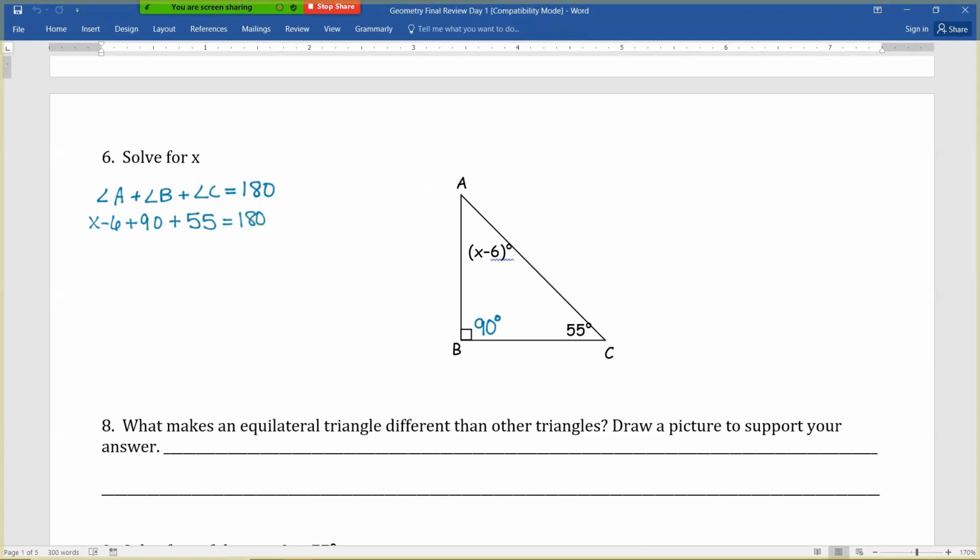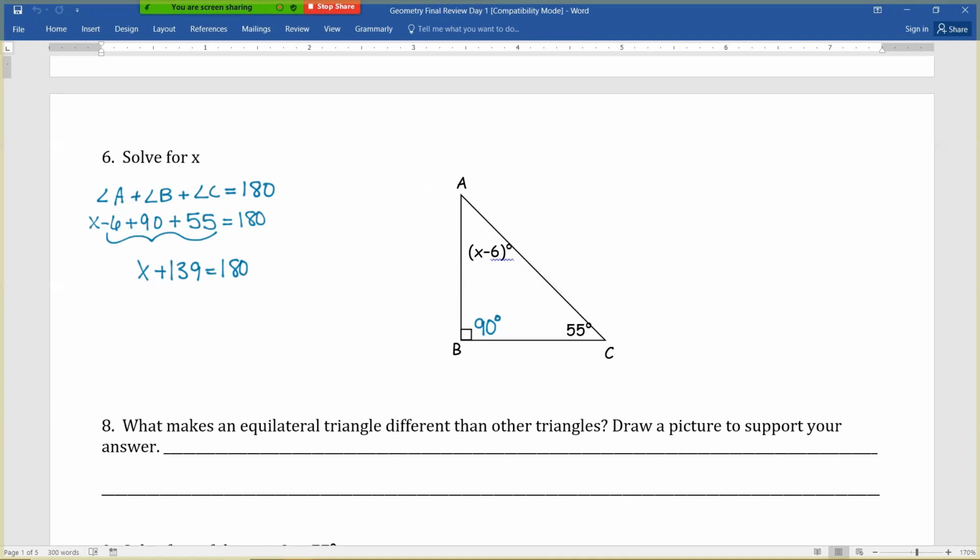So really, once you set this problem up, it's just a simple algebraic equation that you need to solve. First thing I would do to solve this is combine these like terms here. When I combine -6, 90, and 55, I get 139. So really, I have x plus 139 equals 180.